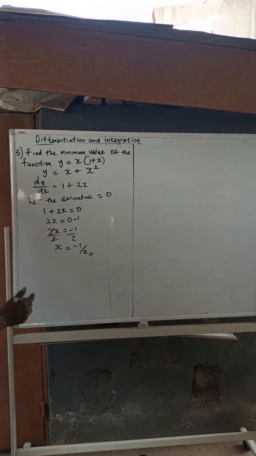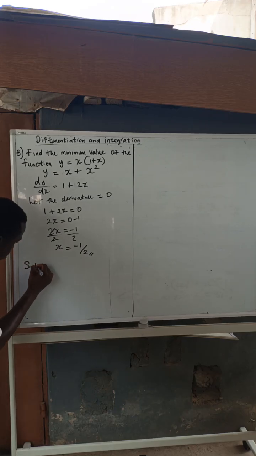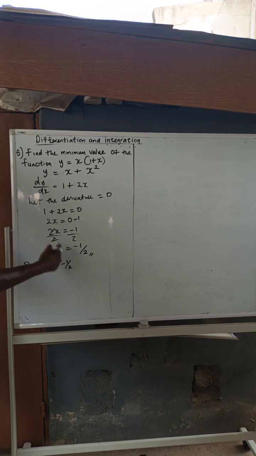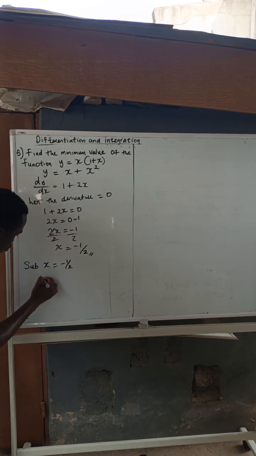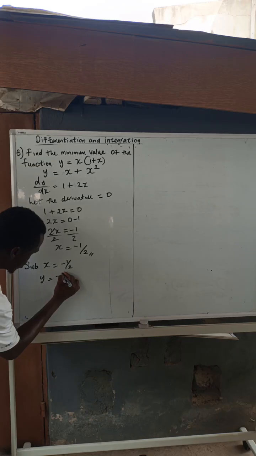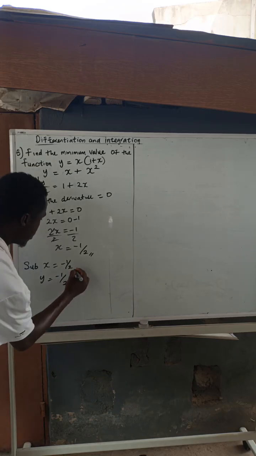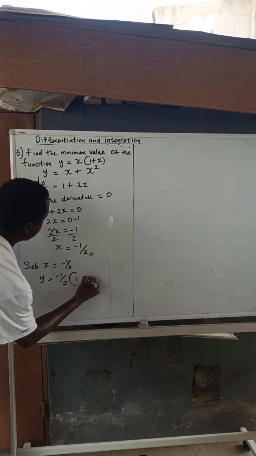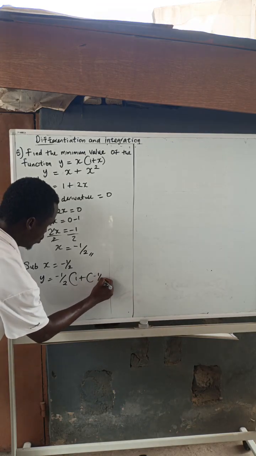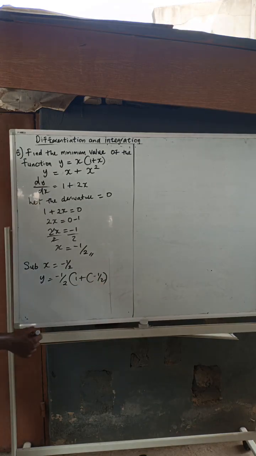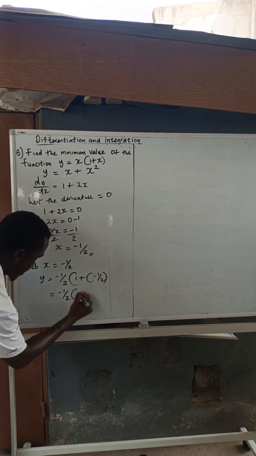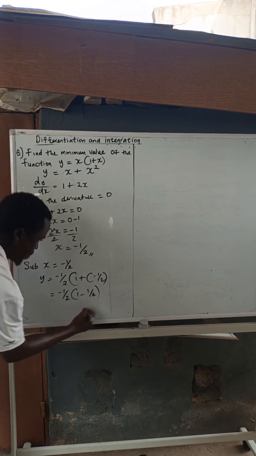So substituting my x, which is minus 1 over 2, back, I'm going to have y is equals to, wherever I see x, I put minus 1 over 2, open bracket, 1 plus minus 1 over 2. So now, I'm going to have minus 1 over 2, open bracket, 1 minus half.